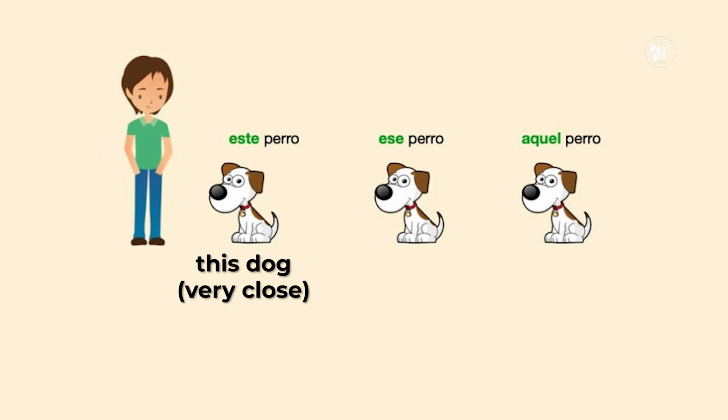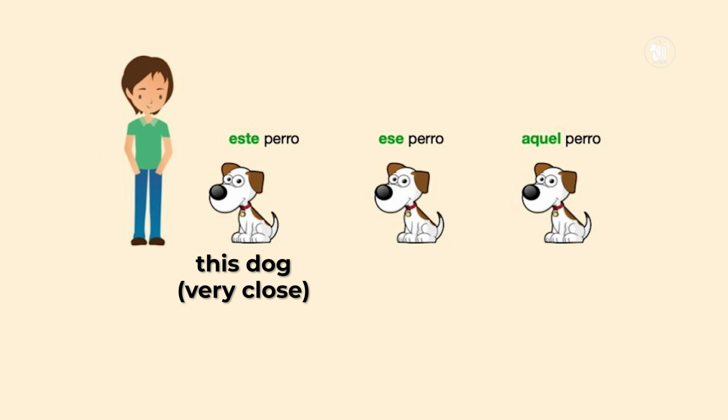Now we have a second dog. Ese perro. Ese perro means that dog. Now in Spanish, ese is used for near. Not very close, but near.